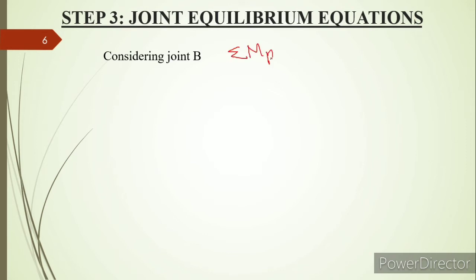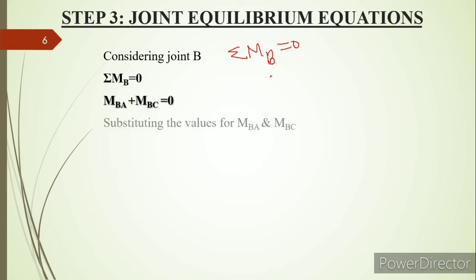Sigma MB, that is the summation of the moments along the joint B, is equal to 0, which means for the two members, MBA plus MBC is equal to 0. So substitute the values of MBA and MBC from the previous step. We get 20 plus EI theta B plus minus 60 plus 4 by 3 EI theta B is equal to 0.